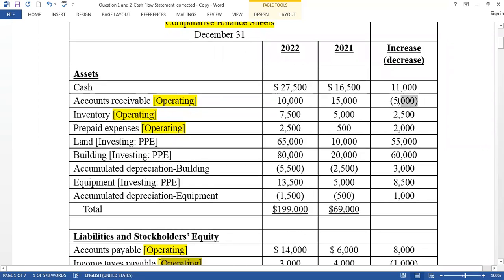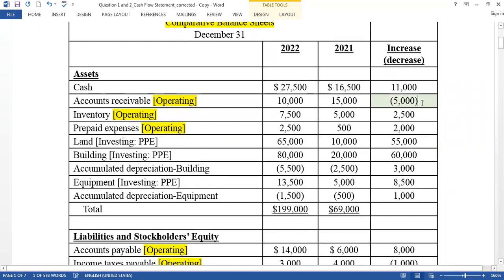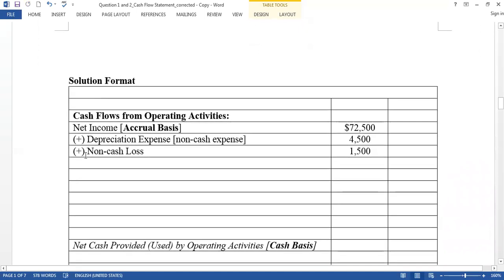And we find that our accounts receivable decrease. So what is the meaning of accounts receivable decrease? It means we receive cash. So accounts receivable decrease $5,000 means that we receive cash. So as we receive cash, we are going to add this money.